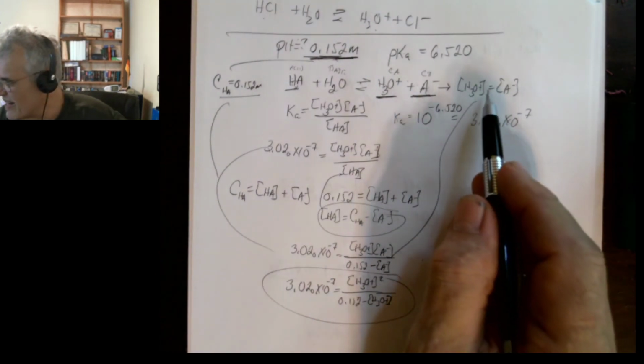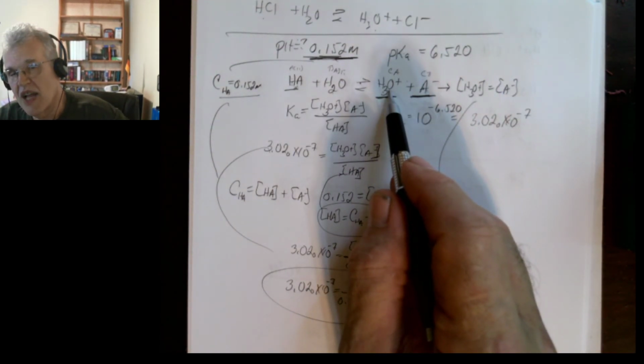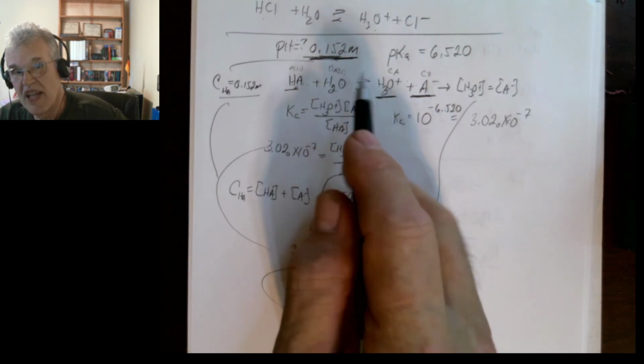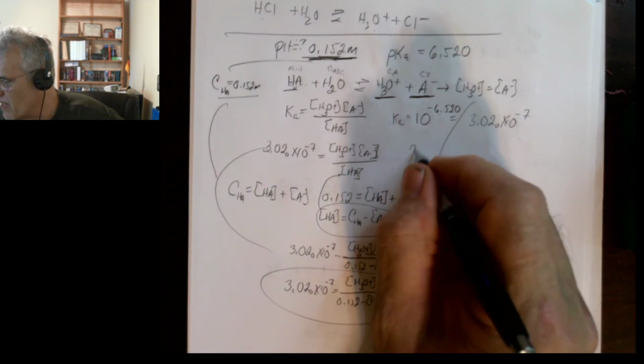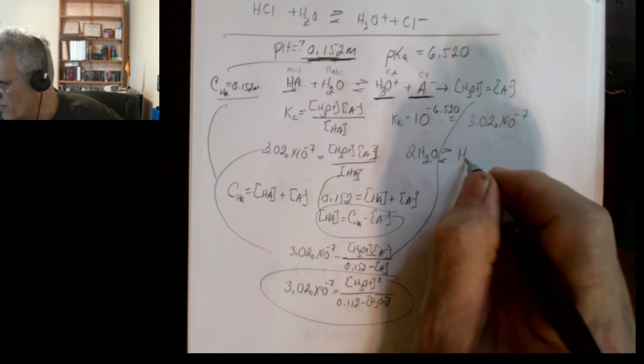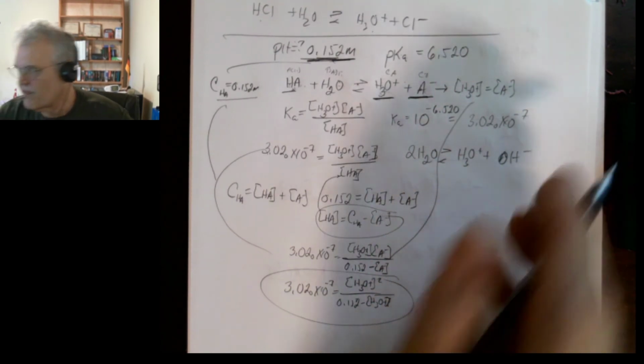So why can't I say this? Well, there's two sources of hydroniums. There's the hydroniums that come from the water, from the acid protonating the water. And there's the hydroniums that come from the self-ionization of water, right? Water is going to form hydroniums plus hydroxides.